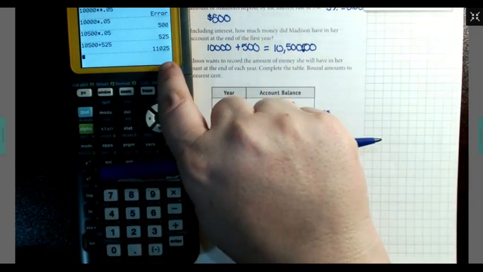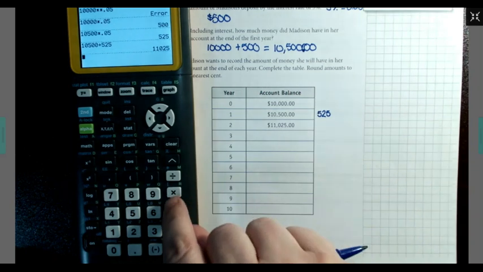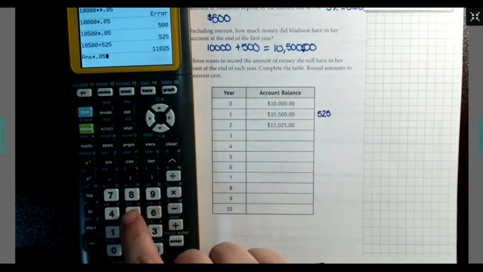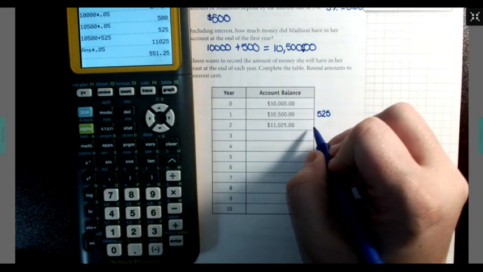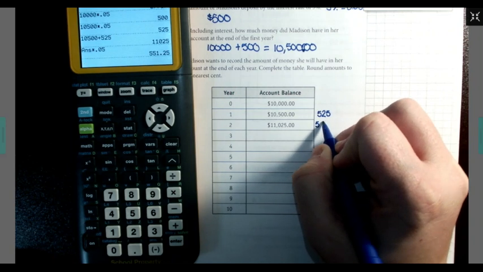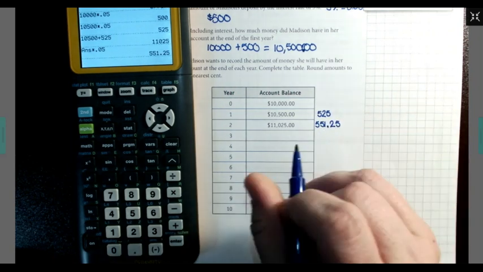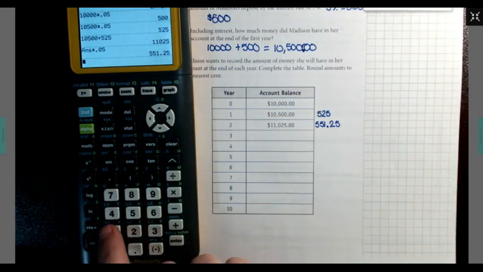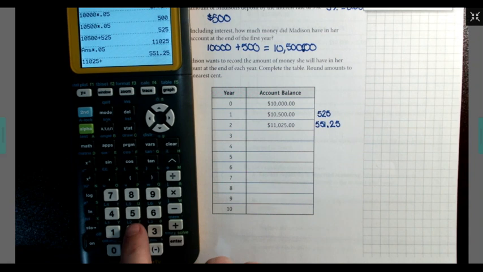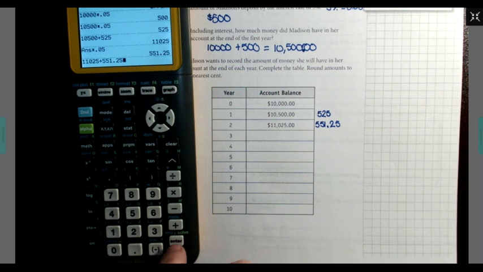We're going to take this number that's in our calculator and multiply by 0.05. So this year we earned $551.25. Well, I already have $11,025 in the account, and I just gained interest of $551.25.